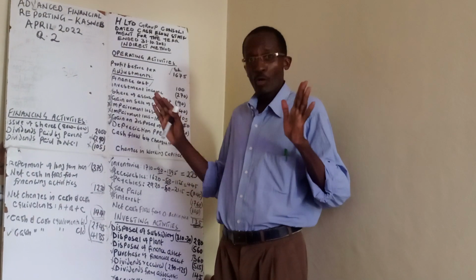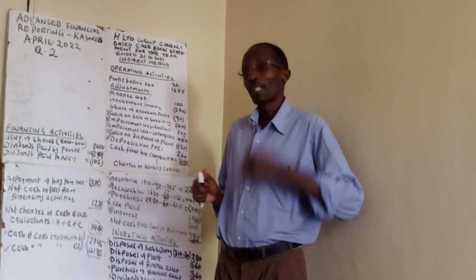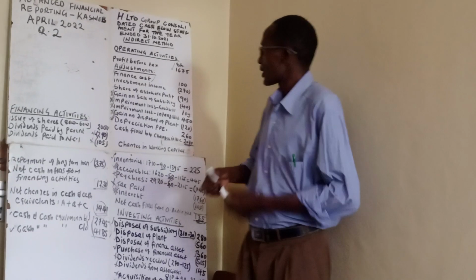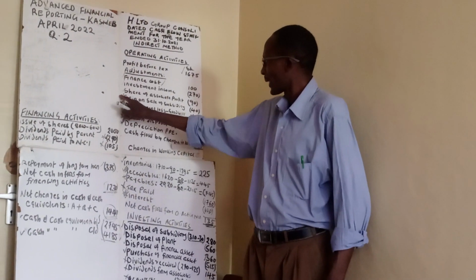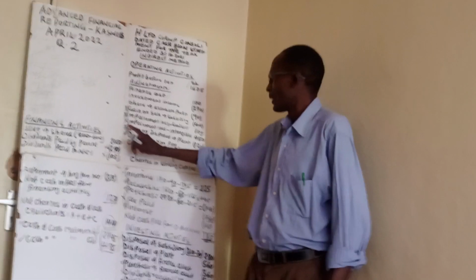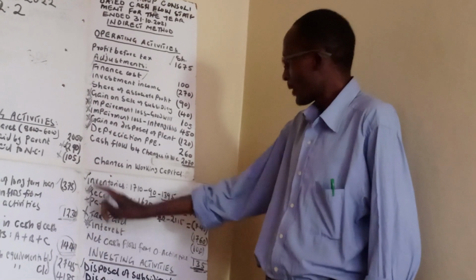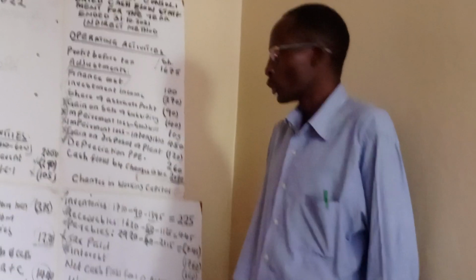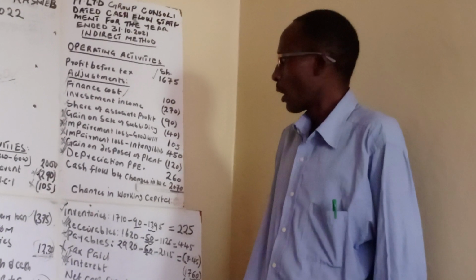So I think for now we stop at that, and then after 1 hour I want to show you all the workings, especially how we calculated gain on sale of subsidiary, how we calculated impairment, gain on disposal of plant, how we arrived at all these figures. That is what we are going to do after maybe 1 hour.